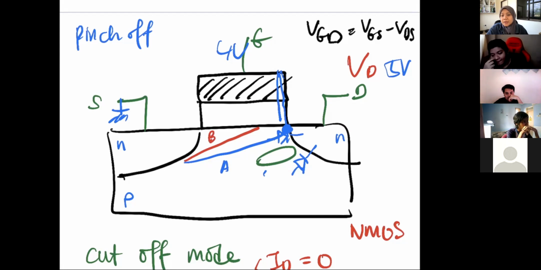So it depends on how big the drain voltage is and how big the depletion region is in between. Now my question to Anas, in situations A and B, do we still have current in both situation A and B?